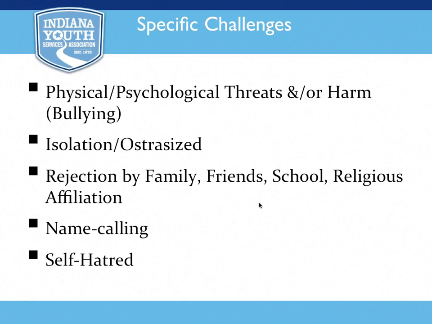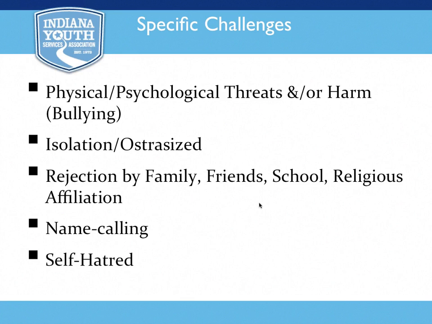So we have to recognize that these are barriers these young people are facing, and it is our job as a culturally competent organization to help break down those barriers. We know that kids who identify as GLBTQ experience physical and psychological threats and harassment, often in the form of bullying in schools, at a much higher percent than kids who don't identify as GLBTQ.